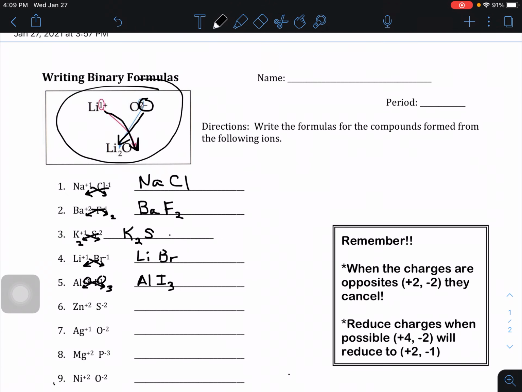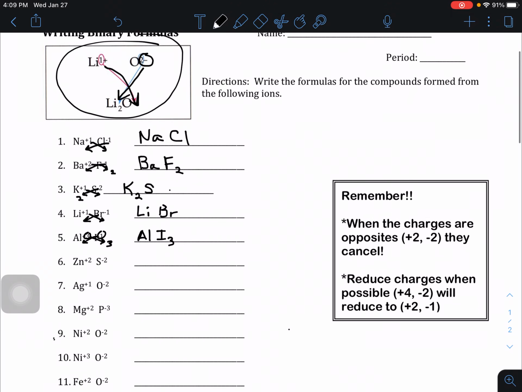Number 6 is a little bit unique. One of the rules, and remember, on the right-hand side here in this box, we see that when the charges are opposites and equal, +2 and -2, they cancel each other out.